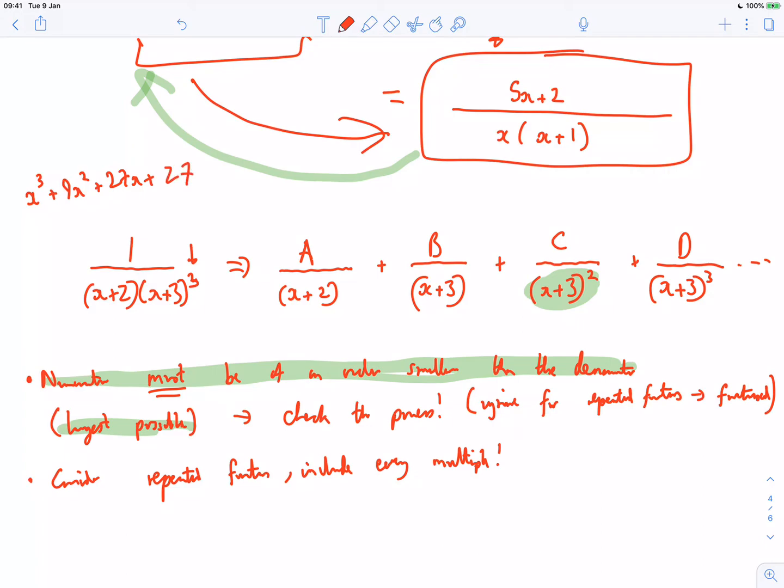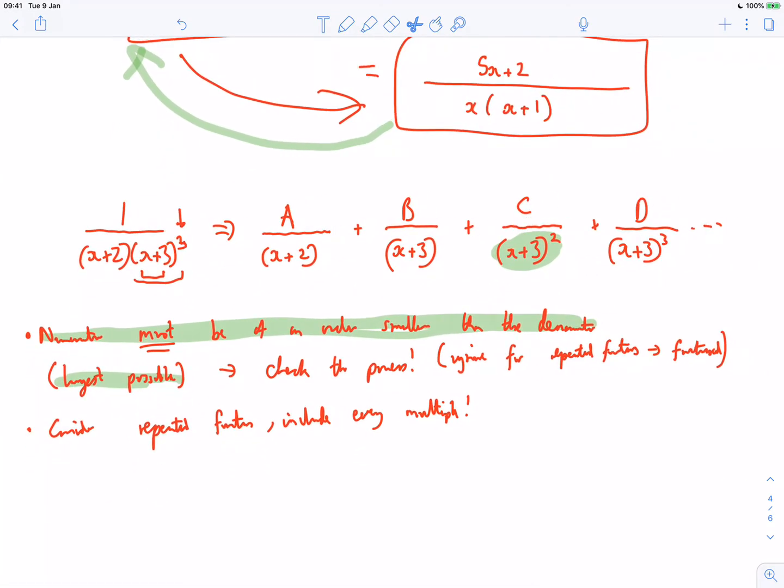If I expand x plus 3 cubed, it's x cubed plus 3 choose 1 times 3, so 9x squared, plus 3 choose 2 times 3 squared, so 27x, plus 27. Let me double check that. Yes, I'm pretty sure it's x cubed plus 9x squared plus 27x plus 27. So this can be factorised down to x plus 3 all cubed. It's technically this linear polynomial repeated. So you've got to factorise it first, and then it's the unique factors in the denominator.